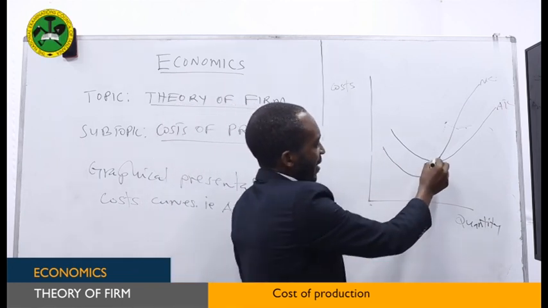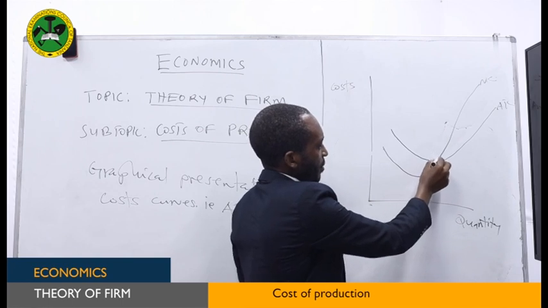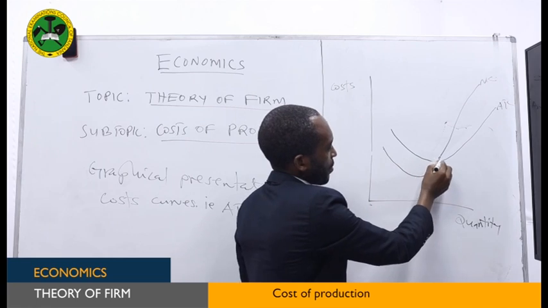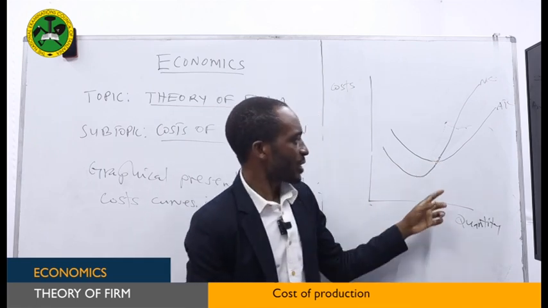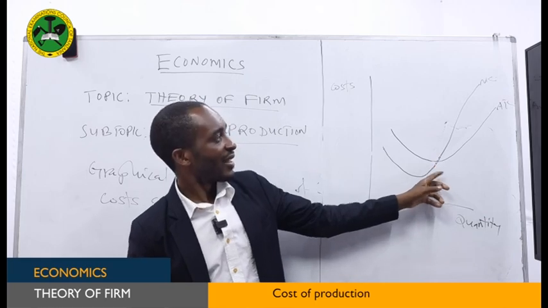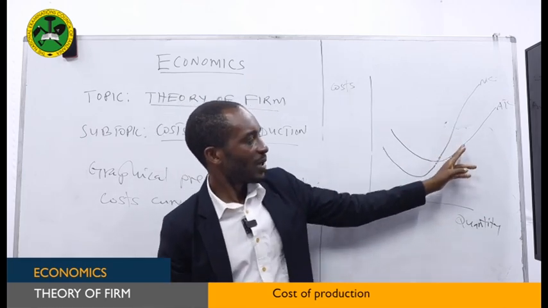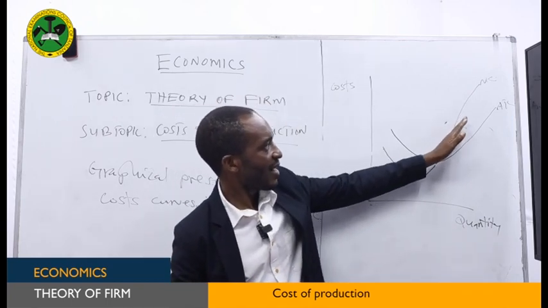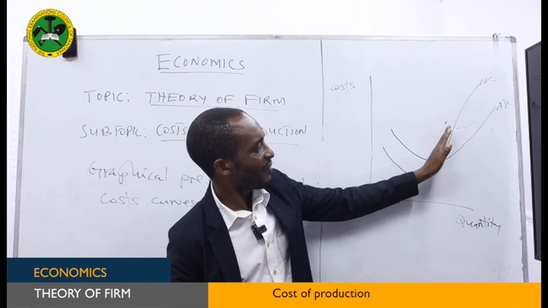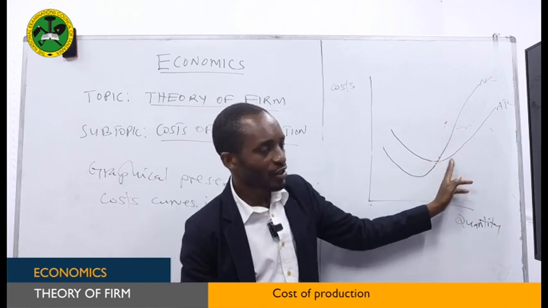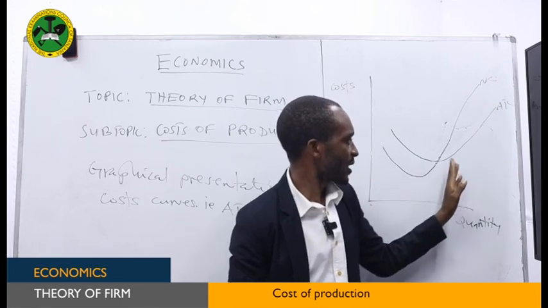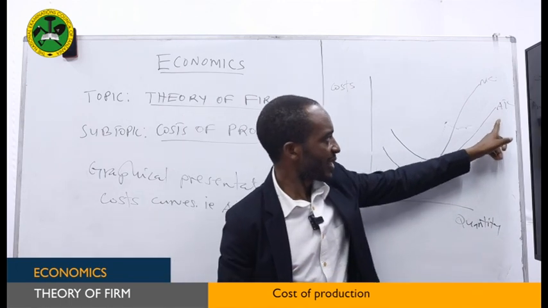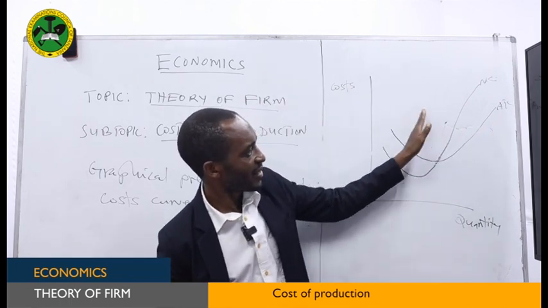When the average total cost is at a minimum, the marginal cost is equal to average total cost. When the marginal cost is above, the average total cost starts to increase. So you can see here, as average total cost is increasing, the marginal cost is above.